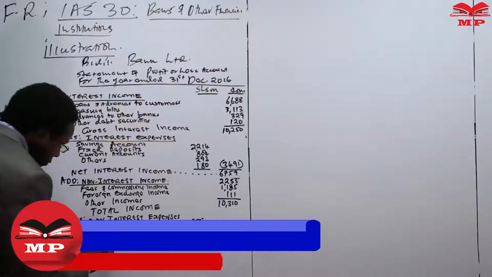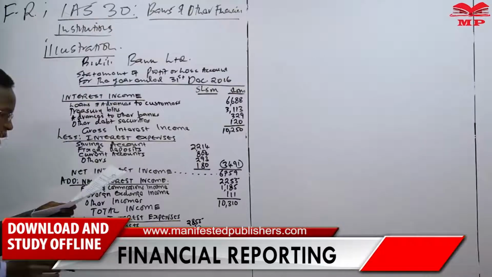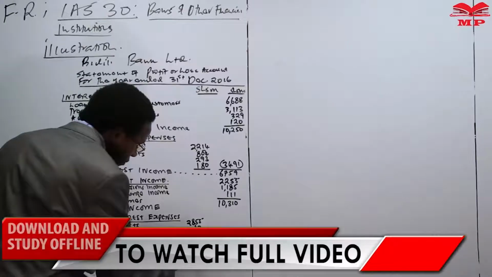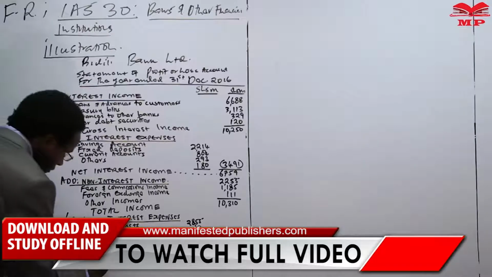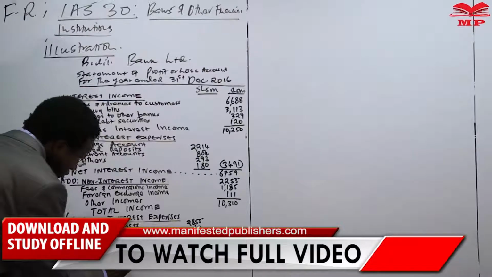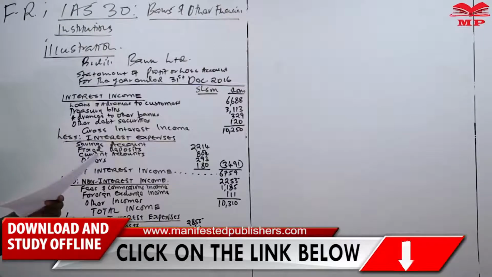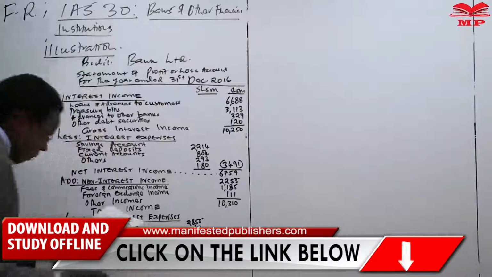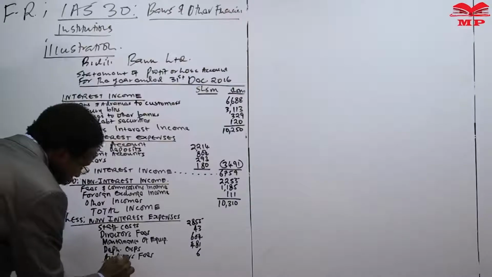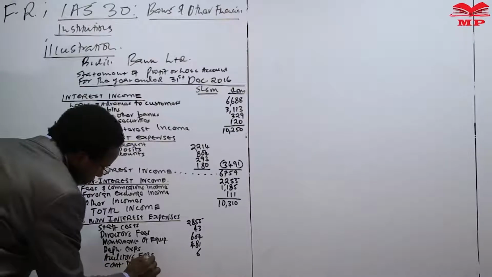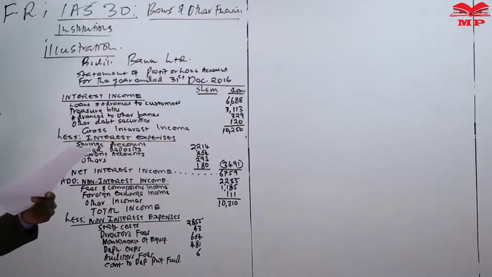We have depreciation expenses, we have 481. We have auditors' fees, something to do with 6. We have contribution to deposit protection fund. That is 55.